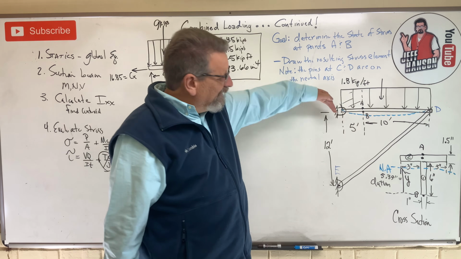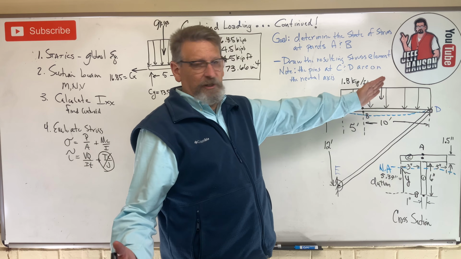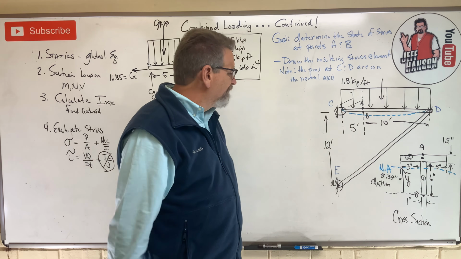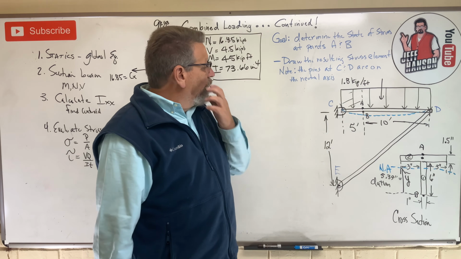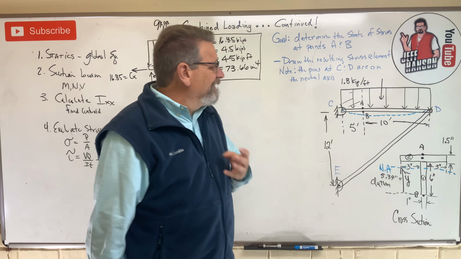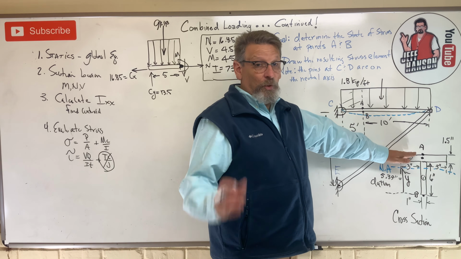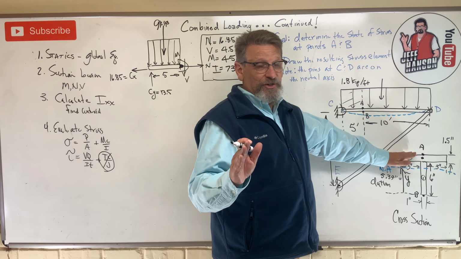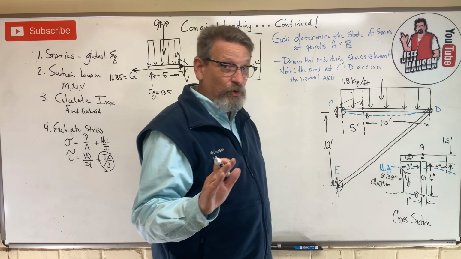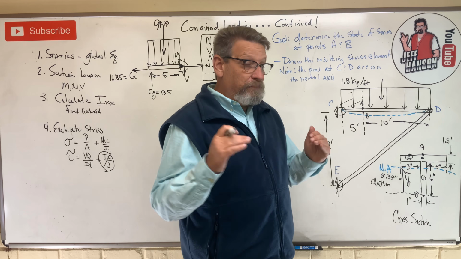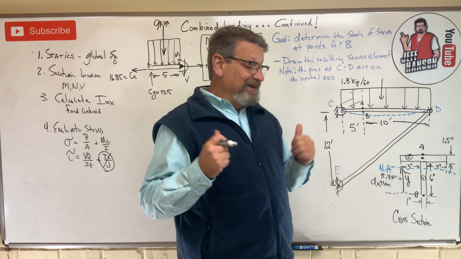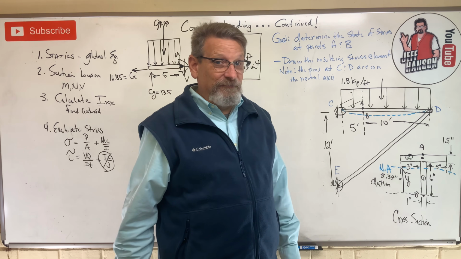Now, since it's bending like that, because gravity sucks, right? Just pulling down on me all the time, gravity. Why do I need to know that? Well, here's what I need to know. Point A, which lives on the top of the beam, is point A going to be in tension or compression? Remember, if I'm finding normal stress, compression I call a negative, and tension I call a positive, don't I?